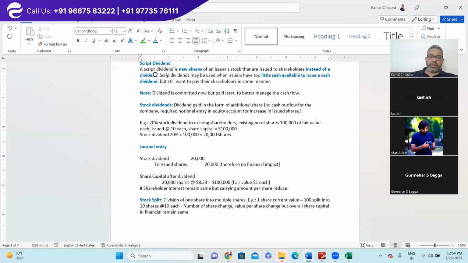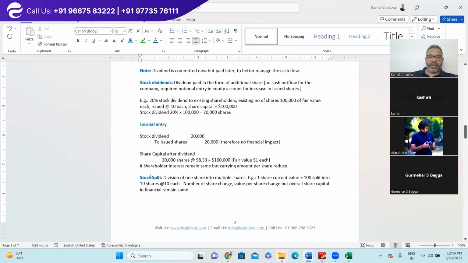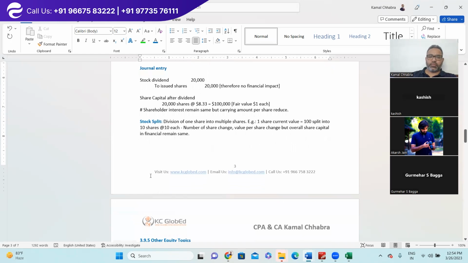Share capital after the dividend will be 20,000 shares at the rate of $8.33 because now you have 120,000 shares, but the value is $1 each, the face value. Shareholder interest remains the same, but the carrying amount per share will go down with the stock dividend. Make sense? Yes, sir.